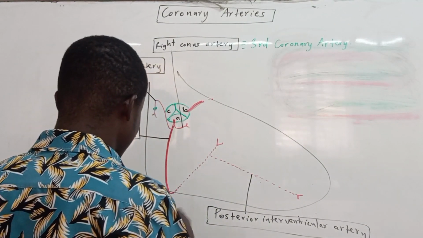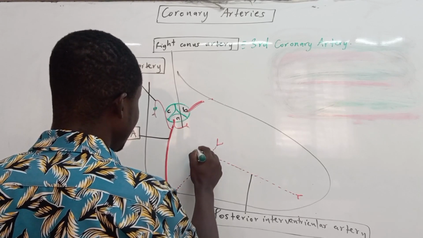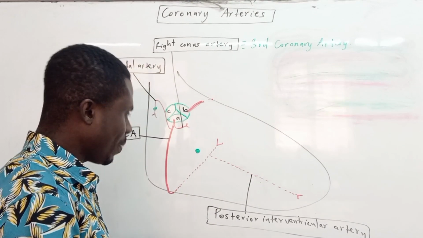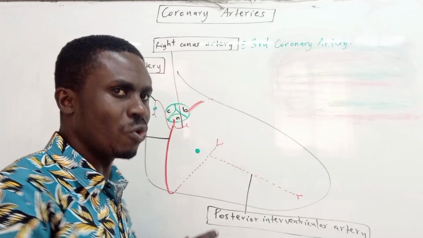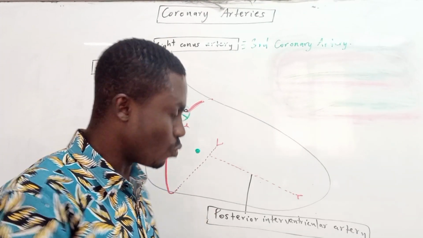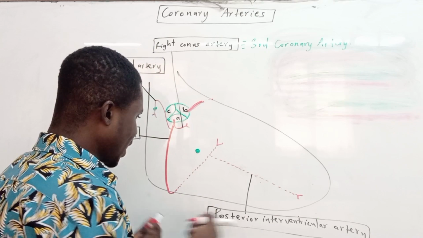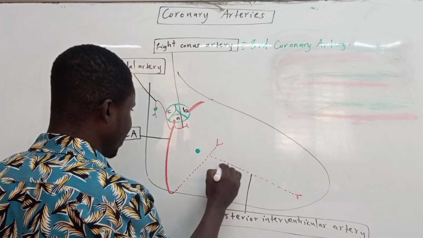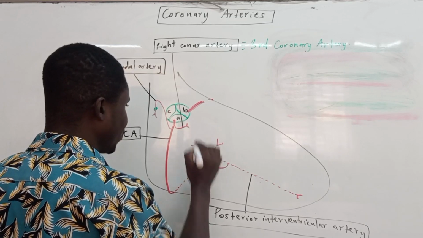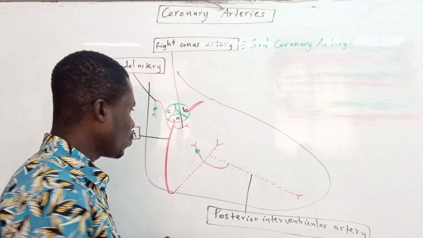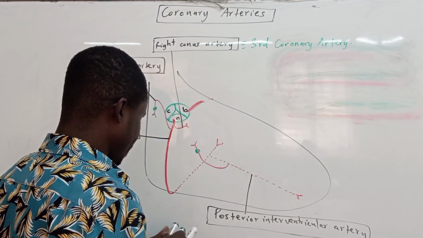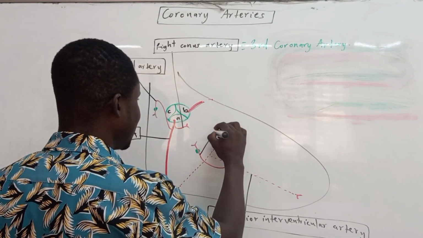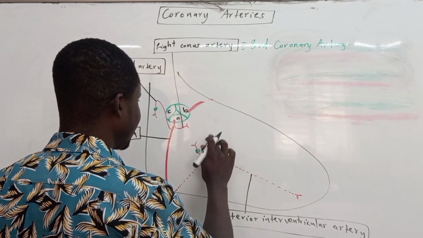Let's say it is somewhere here. Assuming it's over here, the artery that is going to supply it, my friends, will be coming from the posterior interventricular artery. So this is the AV nodal artery.